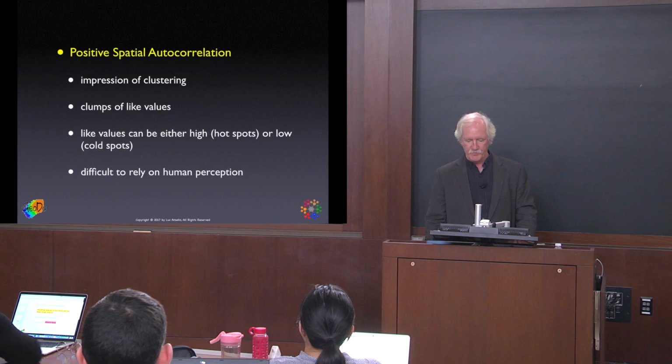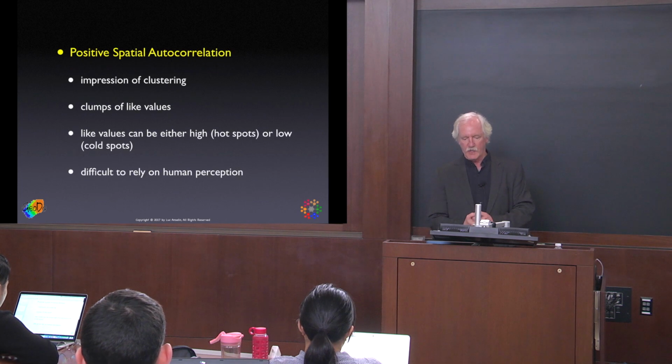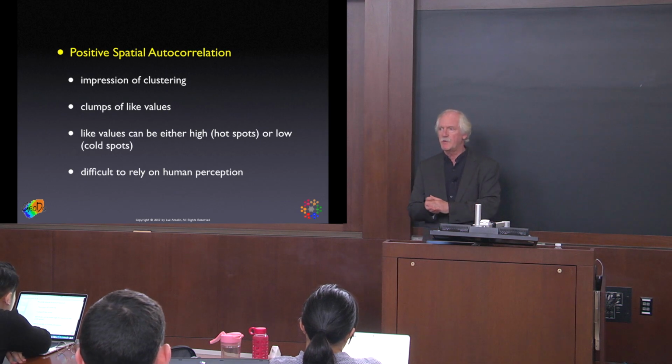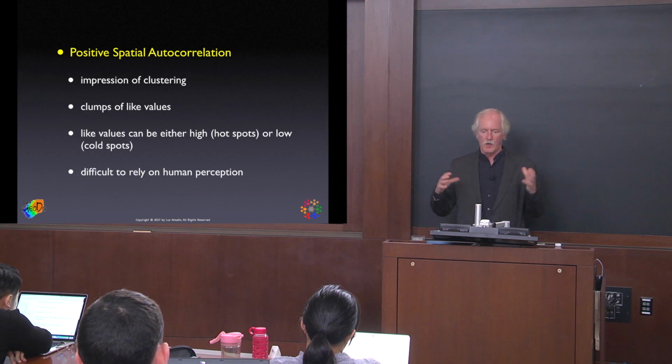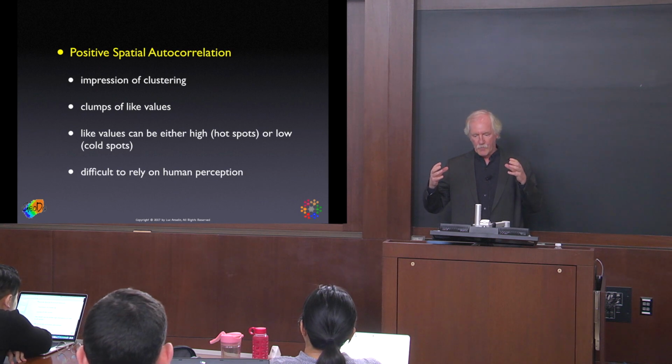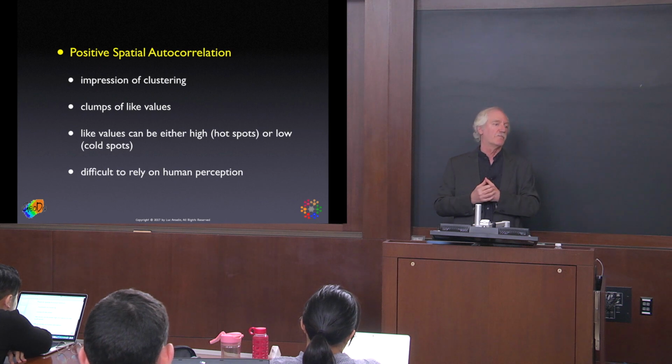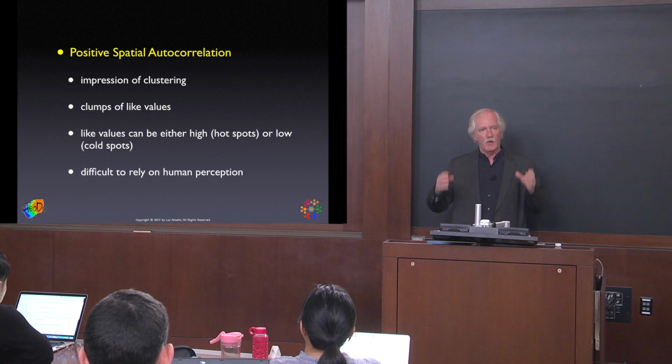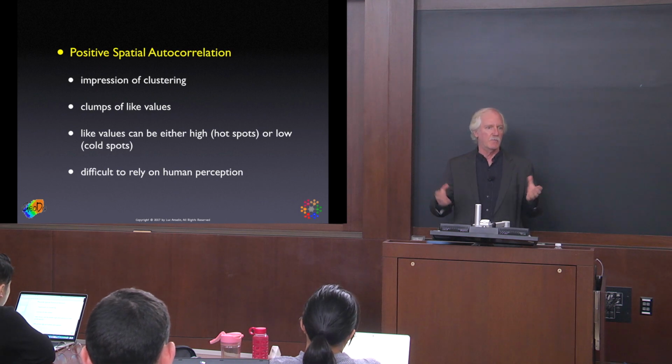So positive spatial autocorrelation is an impression of clustering of like values, and I stress the point, like values are closer by. So you tend to be surrounded by other observations that have similar values.